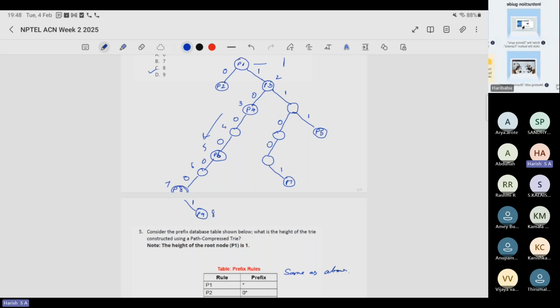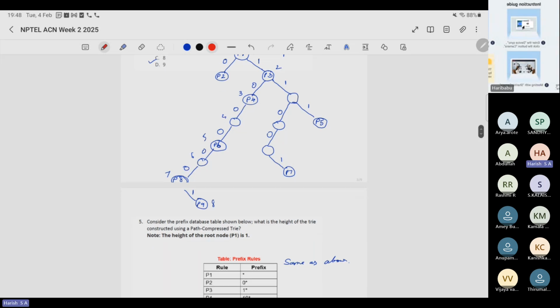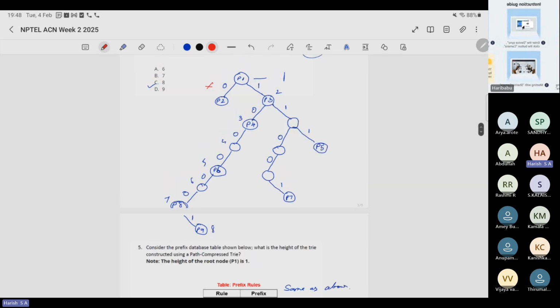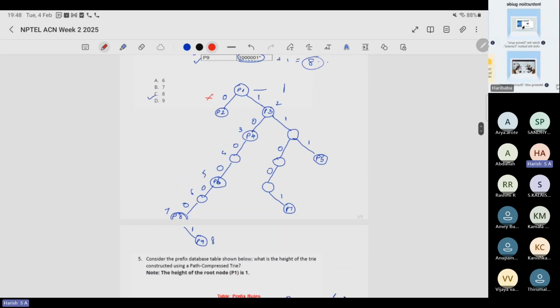Okay, so what are all the places where you can compress? Can you compress something here? No, you can't. Can you compress something here? No, you can't. Can you compress something here? Yes. So this is a yes. So you can make a compression over here.